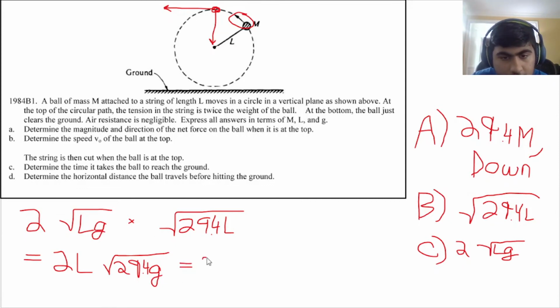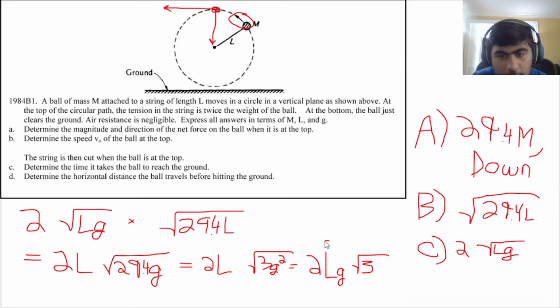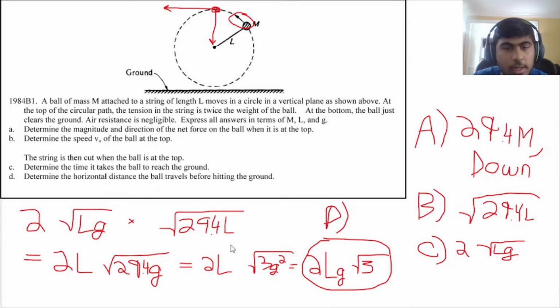So this is like saying 2L times the square root of 3g over g, which is 2L times the square root of 3. And that is our answer for part D. And this free response question is over.